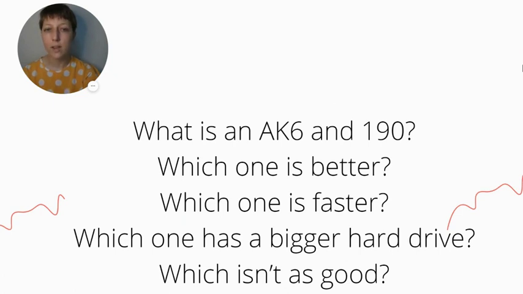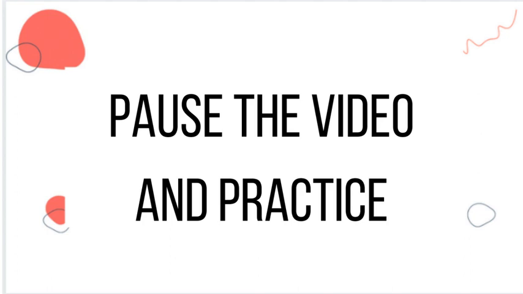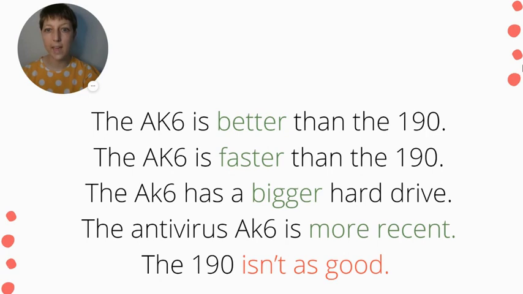Okay, so when we hear AK6 and 190, what are they talking about? Which one is better? Which one is faster? Which one has a bigger hard drive? And which one isn't as good? It turns out the AK6 is a computer and the 190 is a computer, and they are describing how they are different.